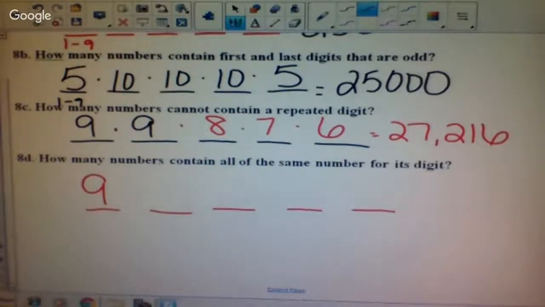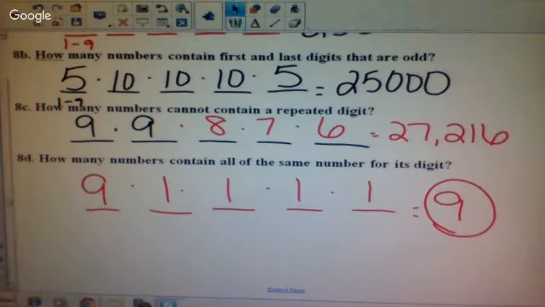I've picked a 7 here, so this has to be a 7 and a 7 and a 7 and a 7. So I only have one option once I've picked my first number. 9 times 1 times 1 times 1 times 1 is 9. So I only have 9 numbers that contain all of the same.